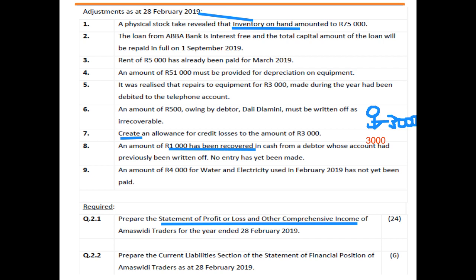So they say rent of 5,000 has been paid for March 2019. What is March 2019? Which period is that? We didn't end the year there. Just check, when did you end your year? Feb 2019.